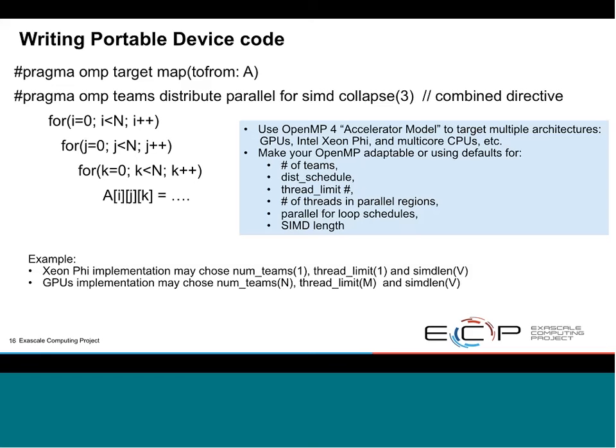So basically, just a very typical example would be that if I have a nested loop and I can use one of the combined directives in OpenMP inside the target region where I can define parallelism at the level of the teams or the threads within the teams, as well as parallelism if the architecture supports SIMD, for example, or vectorization or SIMD type of parallelism.